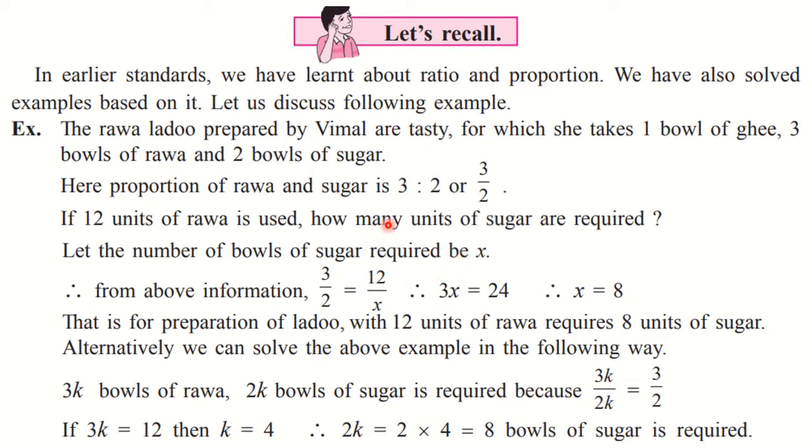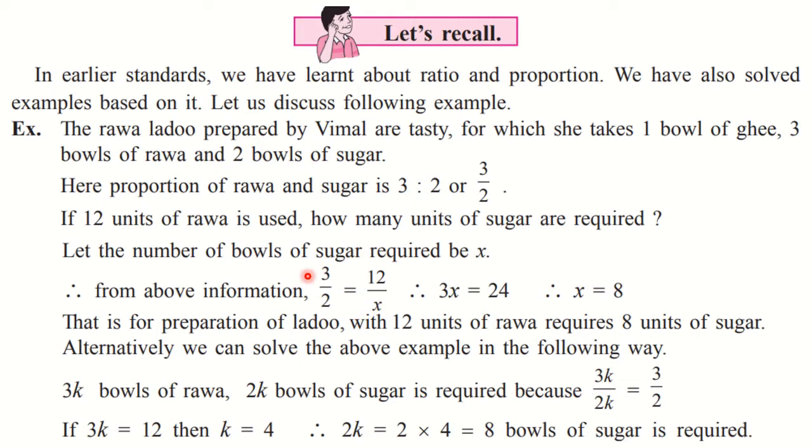Here we have the information that the proportion of rava and sugar is 3:2. For rava we have 12 units and for sugar we have x units. If we write side by side in the form of an equation, the ratios are going to be the same. That means 3/2 is equal to 12/x.